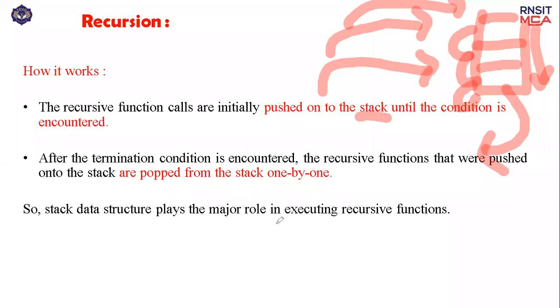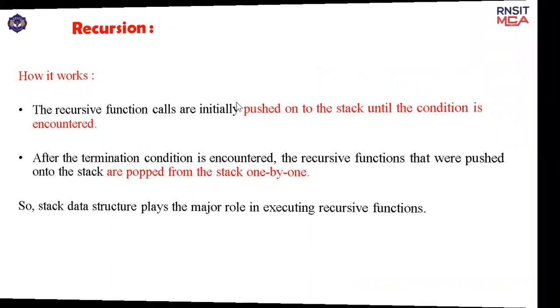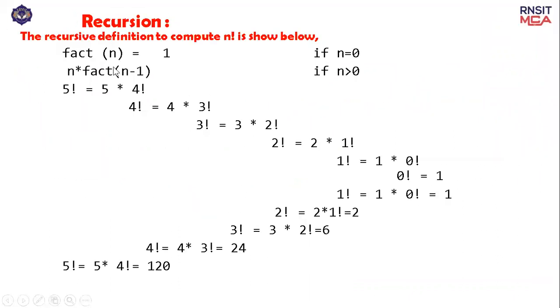Of course, we'll discuss this with a simple example. Let us look at finding the factorial of a number. Factorial of a number you know very well. If you are calculating factorial of n, it will be 1 if n is equal to 0.